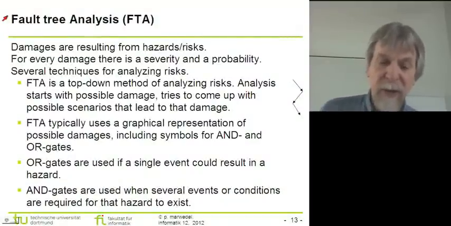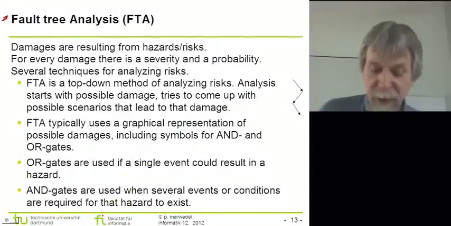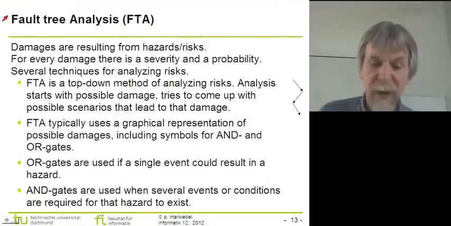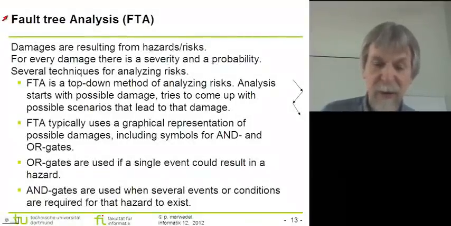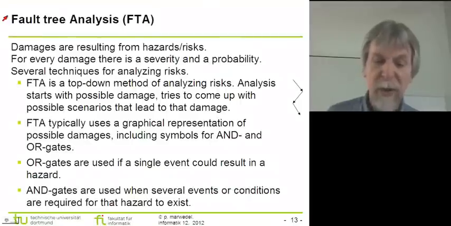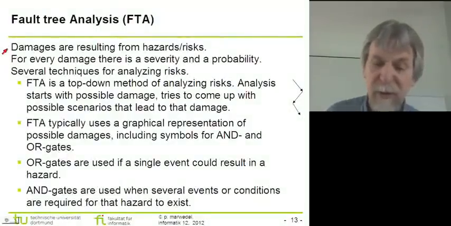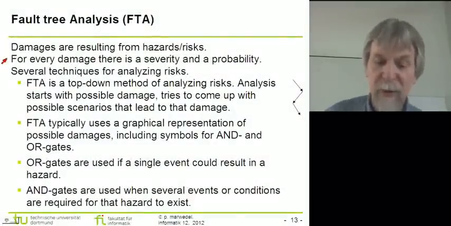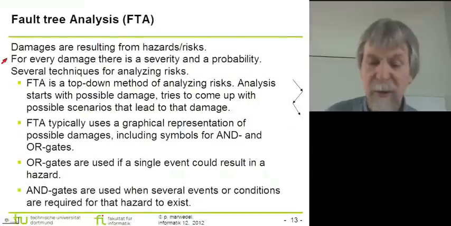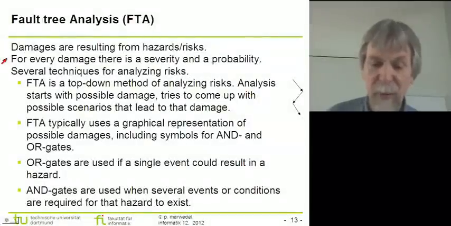Now, when we do the analysis of failure rates of actual systems, we can use two different techniques. The first being called fault tree analysis, or FTA. In FTA, we are considering damages that are resulting from hazards or risk. And for every damage, for example, for a broken car, we have a certain severity and we have a certain probability.